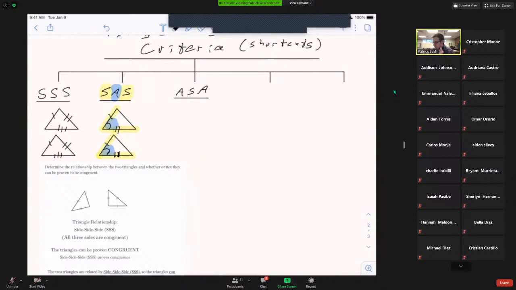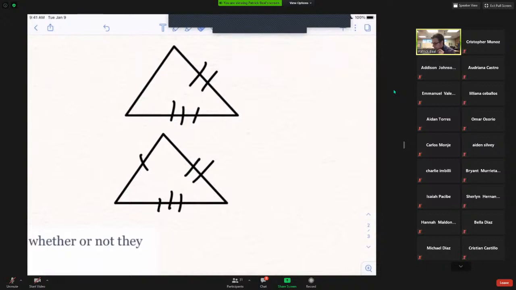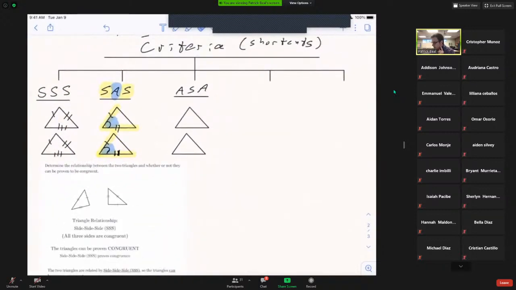This shortcut is going to use two pairs of angles and one side.